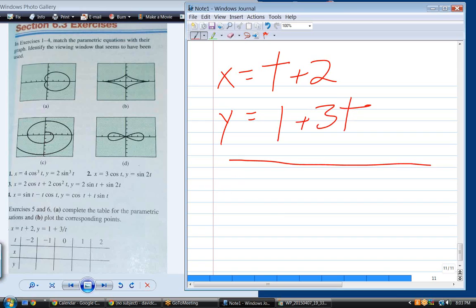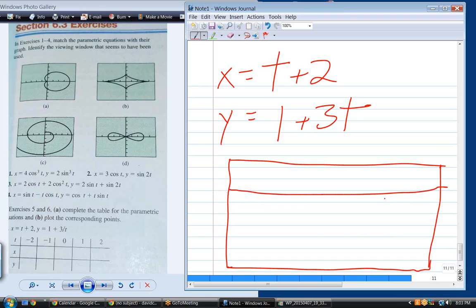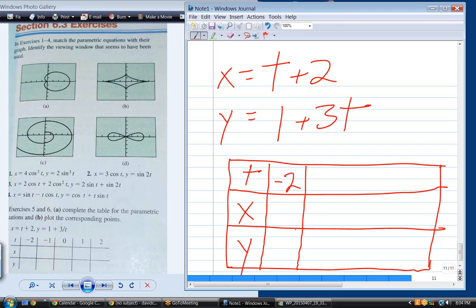Okay, so once we make a table of the XY values, now we can graph it. So when t is minus 2, what's x? Plug in minus 2 for t into this parametric equation.